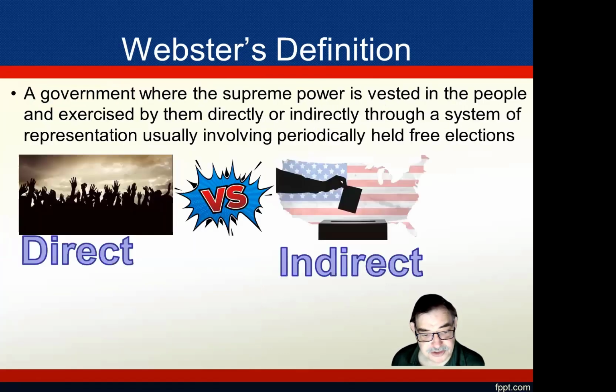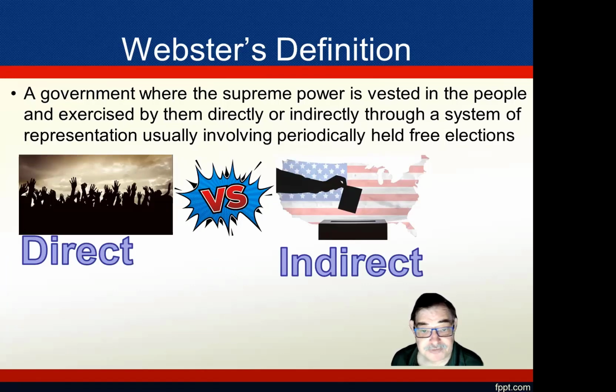So that leads us to the two comparative definitions of democracy. A direct democracy, which is literally majority rules, number of hands raised. If that's more than the others, then that's who makes the decision.